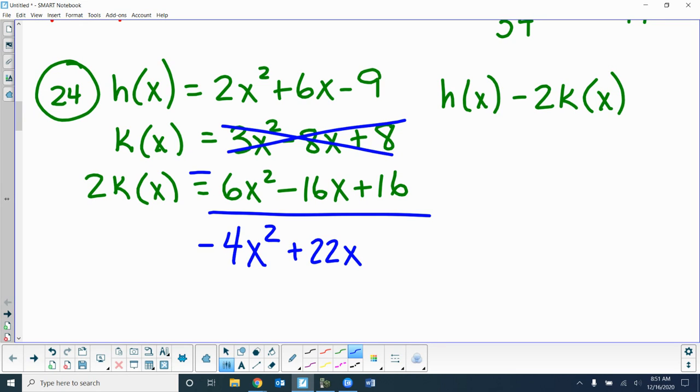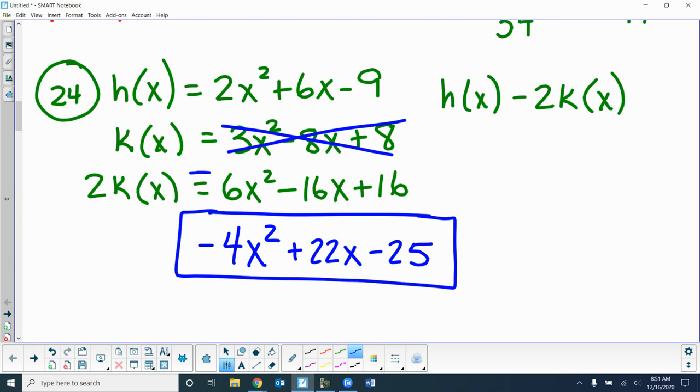Addition, right? And negative 9 minus 16 is a negative 25. So that's all it's asking you to do, just double the k function and subtract it from the h function. So just combining like terms, right? It's not that difficult of a problem.